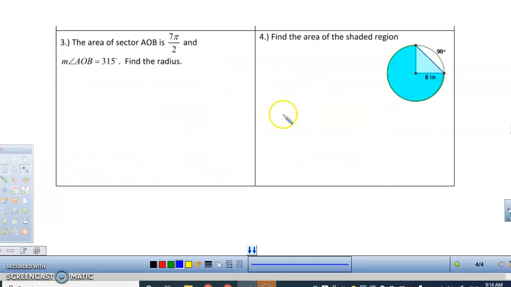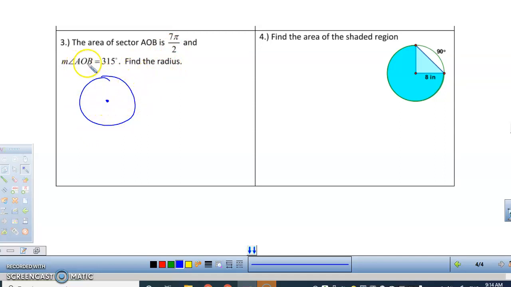Okay, 3 and 4 are more difficult. So if you pause and try those, and then come back. Okay, welcome back. So here's the area of a sector is given to you. So now we're thinking we got to work backwards to find the radius. Okay, it's always good to have a picture drawn if you don't have one. So I'm going to draw myself a picture.